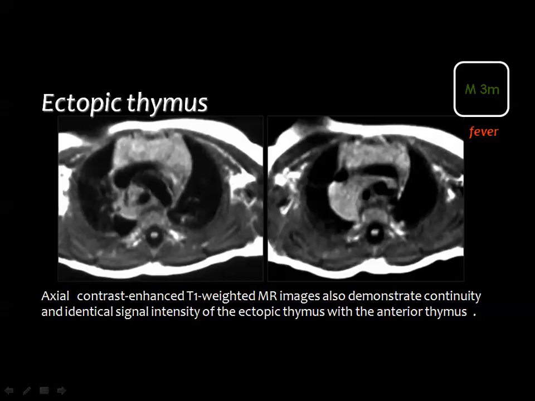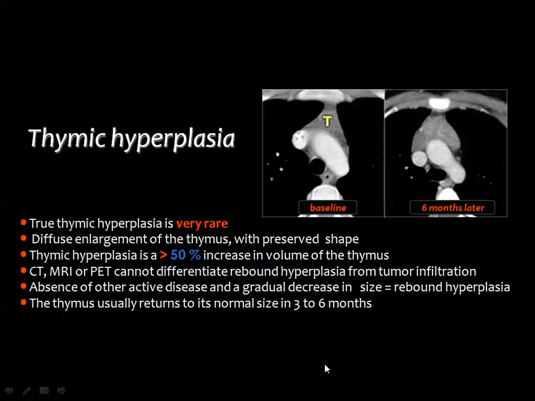The ectopic thymic tissue, located in the right paratracheal area posterior to the superior vena cava, should conform with the signal intensity of the original thymus in all pulse sequences.